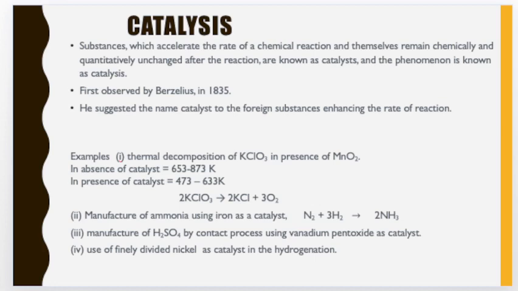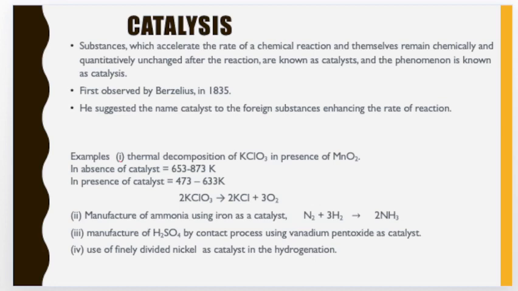This phenomenon was first observed by Berzelius in the year 1835, and he suggested the name catalyst for the foreign substances added to the reaction, which enhance the rate of reaction. For example, first one is thermal decomposition of KClO3.